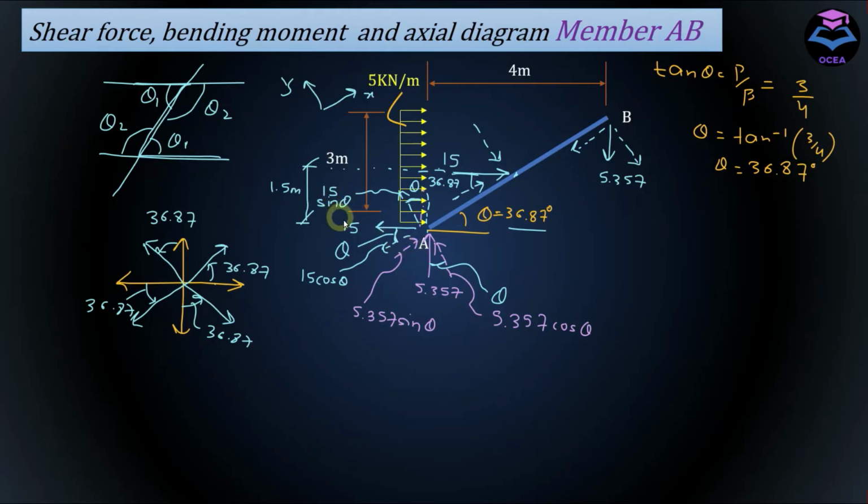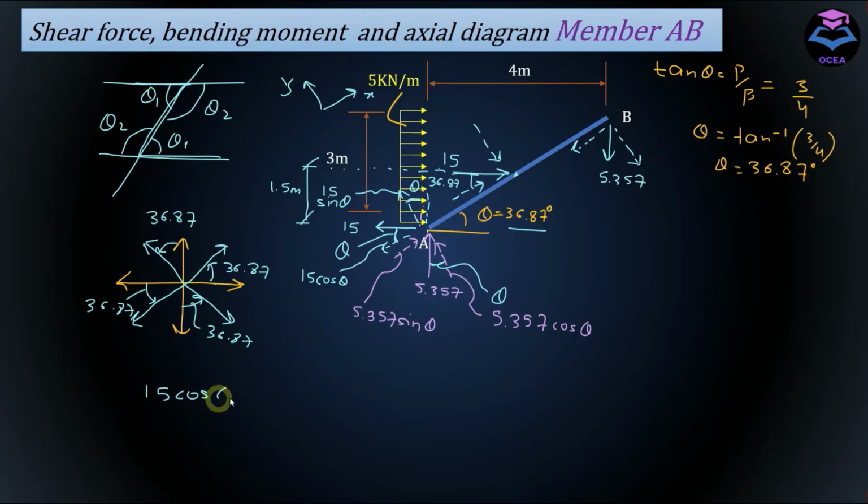After resolving forces into their respective components, we need to calculate the net forces along these local axes. So along the x-axis we have 15 cos theta and 5.357 sin theta. Let's calculate the net force.